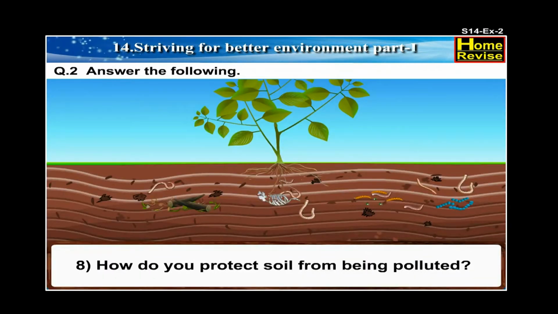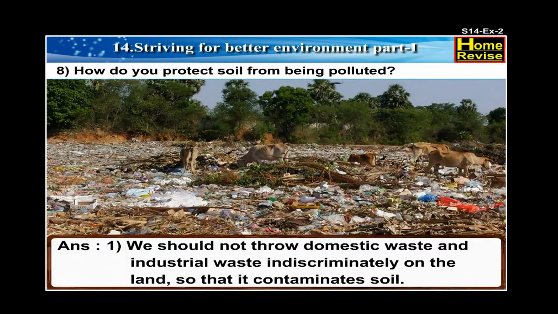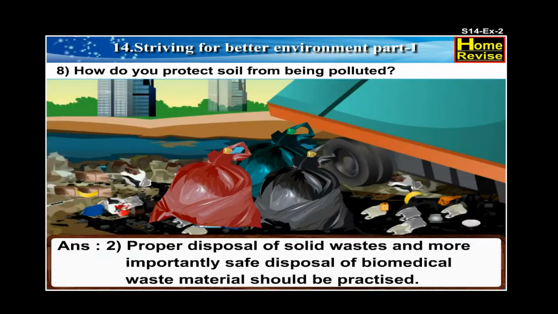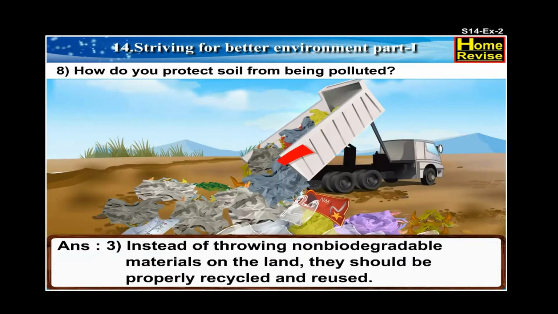Eight. How do you protect soil from being polluted? The answer is 1. We should not throw domestic waste and industrial waste indiscriminately on the land so that it contaminates soil. 2. Proper disposal of solid wastes and, more importantly, safe disposal of biomedical waste material should be practiced. 3.